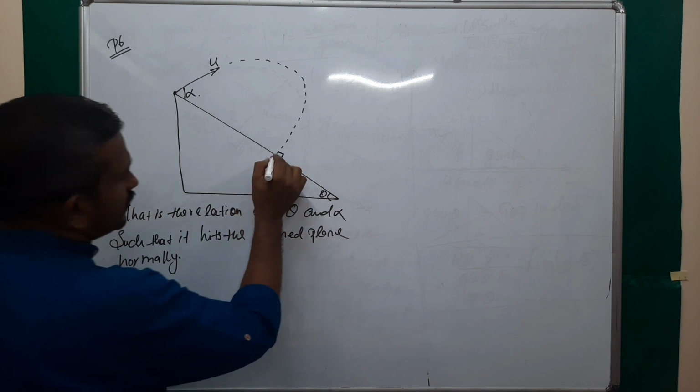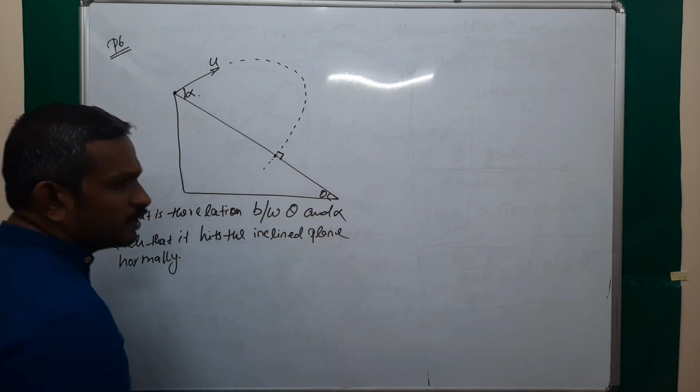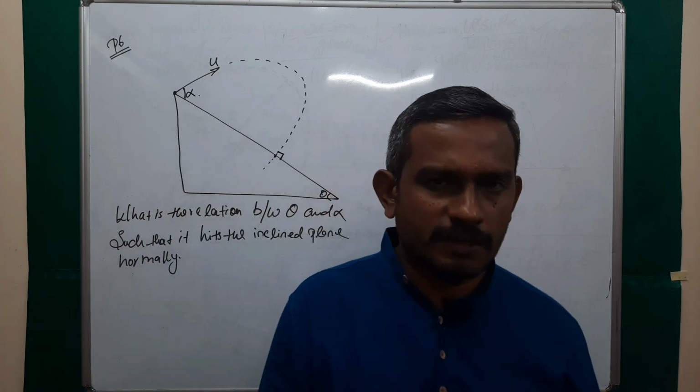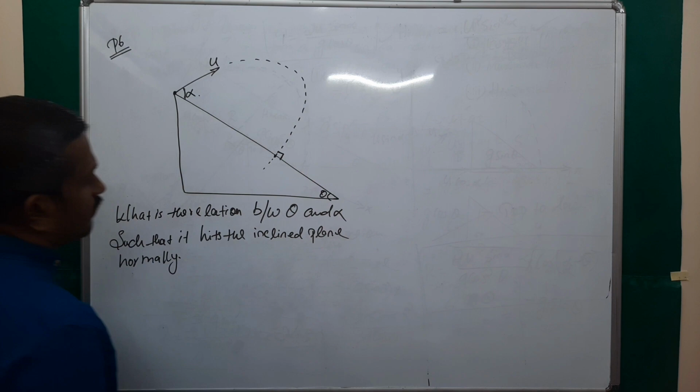When it hits the inclined plane, we know the projectile undergoes two types of velocity, horizontal velocity and vertical velocity.